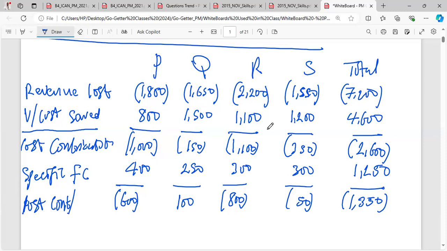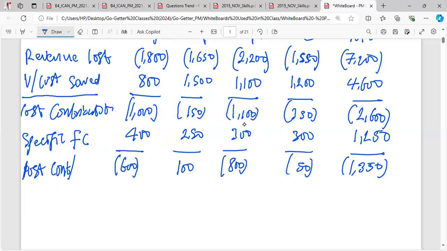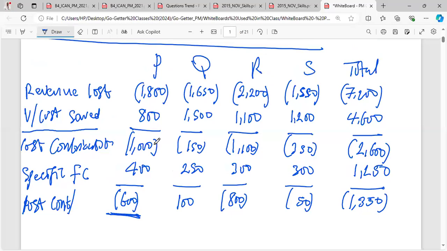So what it means here is this: if you shut down P, you are going to lose 600,000. You have lost this revenue, you are getting this cost saved. So this is the lost contribution. This is the specific fixed cost that you will save from not doing P. So the overall effect is that you have lost 600,000.